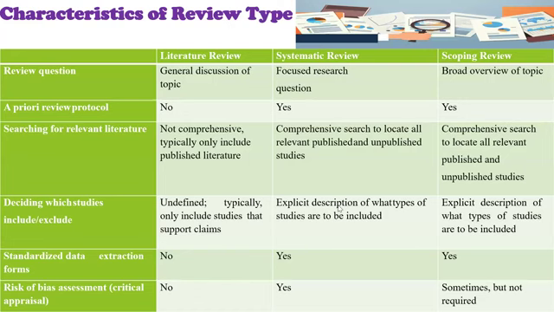Now, what are the differences between these types of review? We have the normal literature review, we have the systematic review, and then we also have the one called the scoping review. The normal or traditional review is most of the time about general discussion. There are no particular guidelines when you are writing a general review. Sometimes you can even pick papers that cannot be verified.